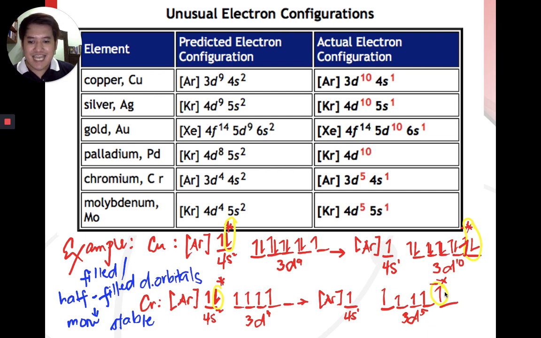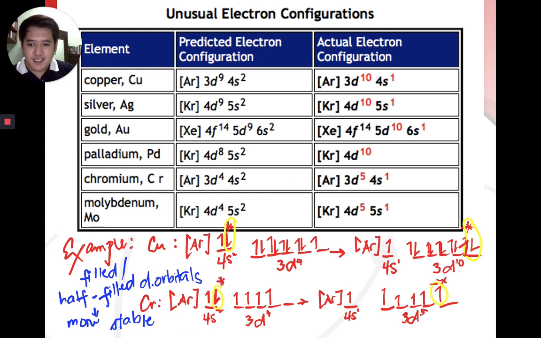They found out that half-filled d orbitals are more stable compared to those that have lacking electrons. So the conclusion was that half-filled and completely filled d orbitals are more stable and have lesser energy.